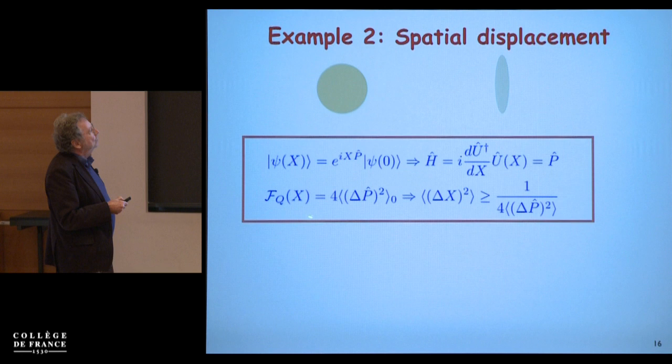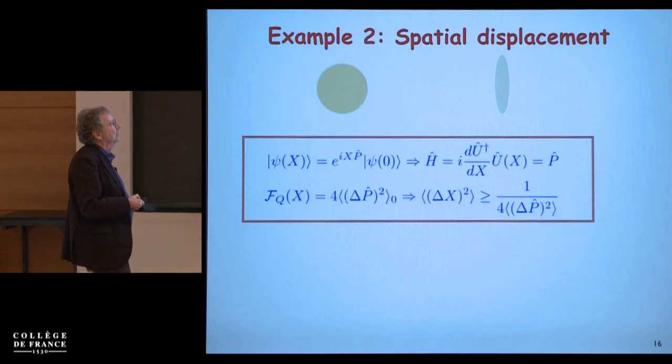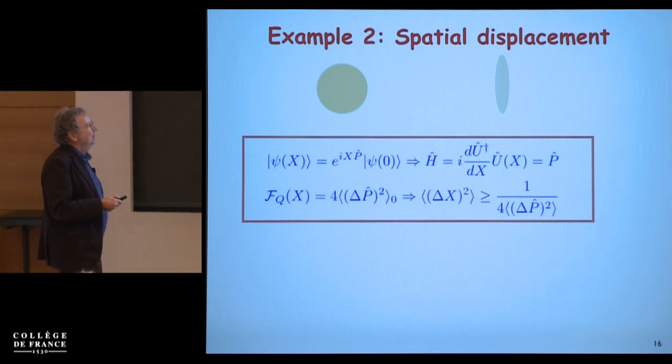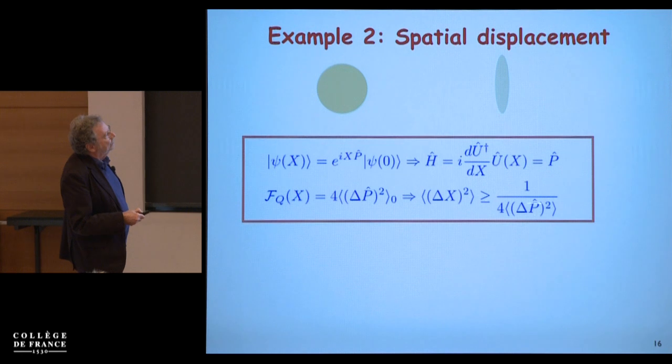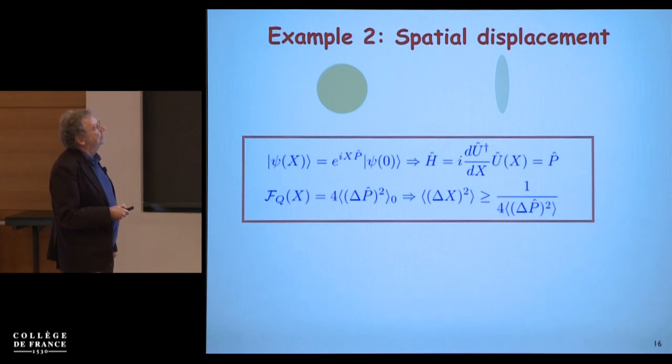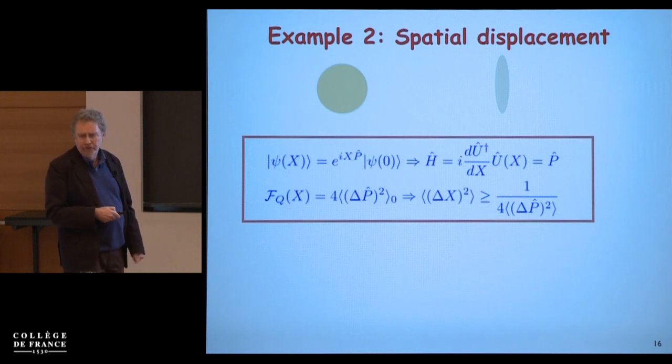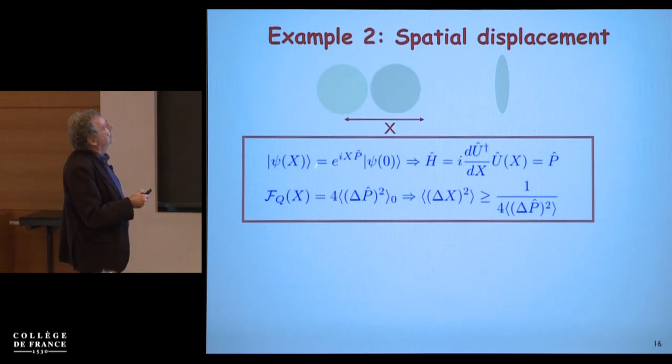And therefore, the quantum Fisher information is 4 times the variance of the momentum in the initial state. And that gives me, for the Cramér-Rao bound, an expression like that. The variance in the estimation of this displacement is bounded below by this quantity here that depends on the variance of P in the initial state. Now, so this is what we are estimating.